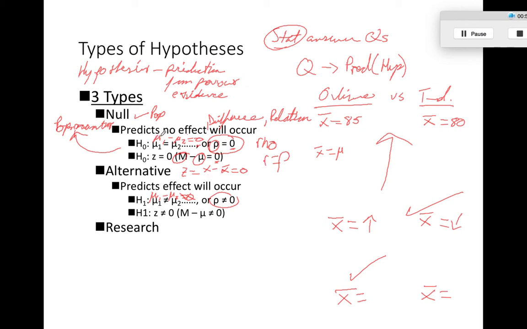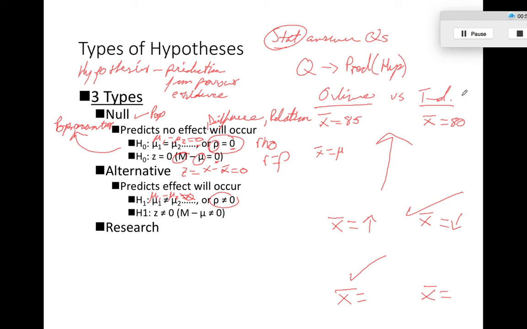The null hypothesis would predict that the groups don't differ. In our online versus traditional example here, we would assume that the null hypothesis would predict that the differences between online versus traditional in terms of exam scores would not exist. There would be no difference between the two groups. Their averages would be equal to each other. The alternative hypothesis would predict the opposite of the null. The alternative hypothesis predicts that online courses versus traditional courses do differ.